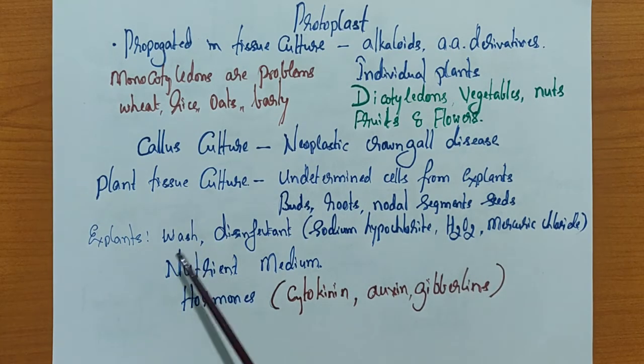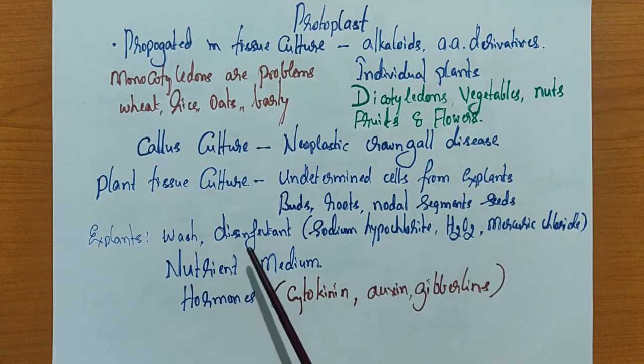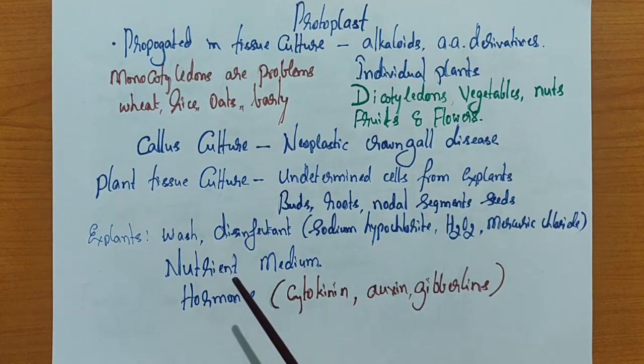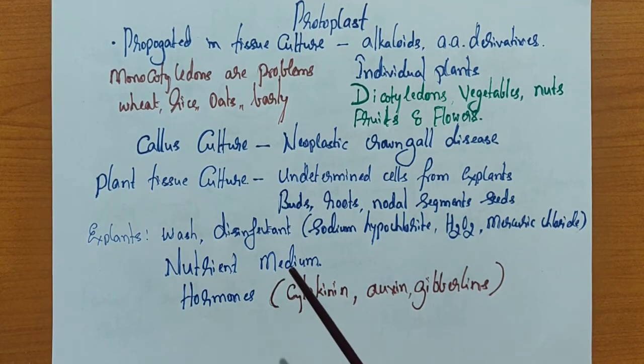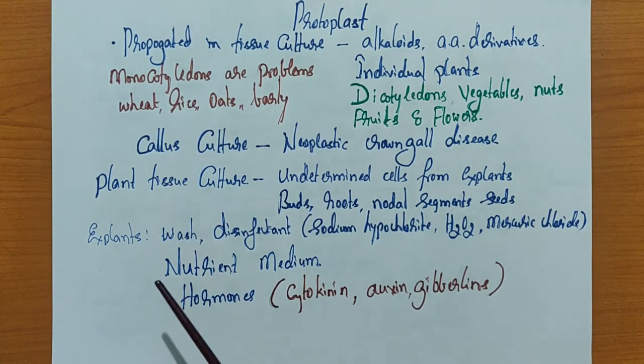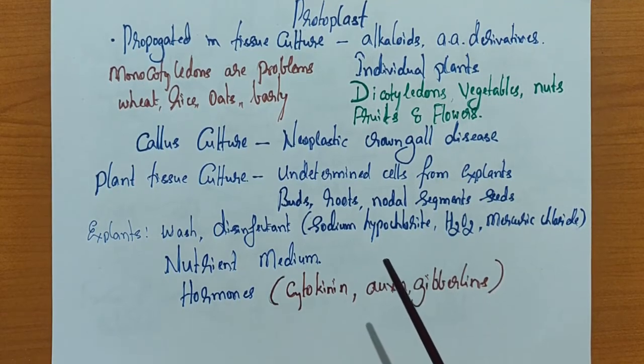Later, we keep these washed, disinfected explants on a nutrient medium. In case of a plant nutrient medium, we have a solid medium as well as a liquid medium. For a callus, it is better to use a solid medium.